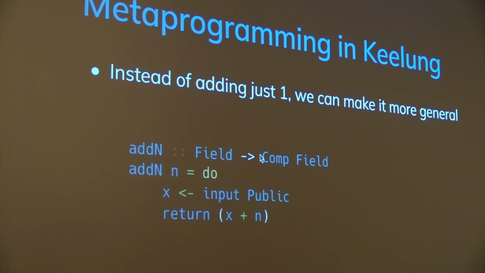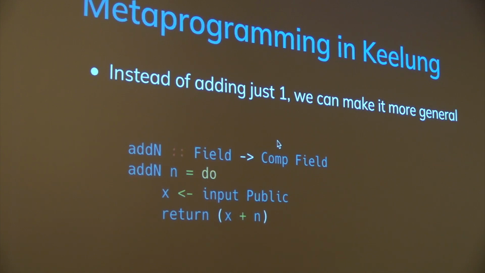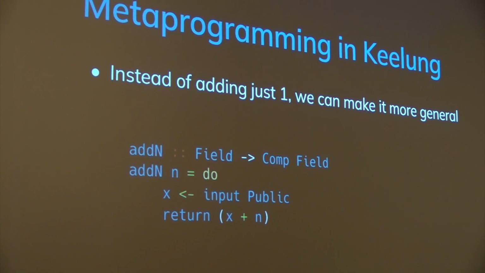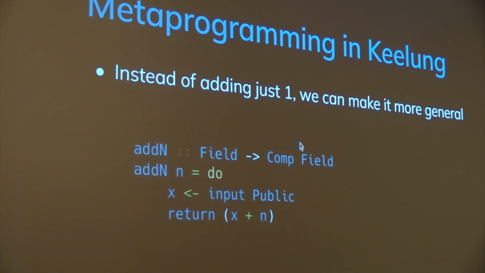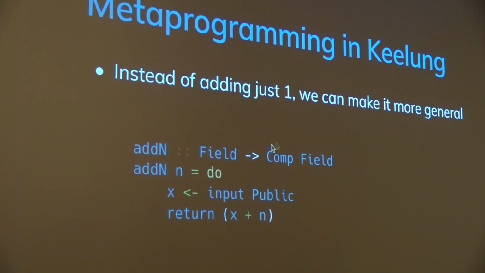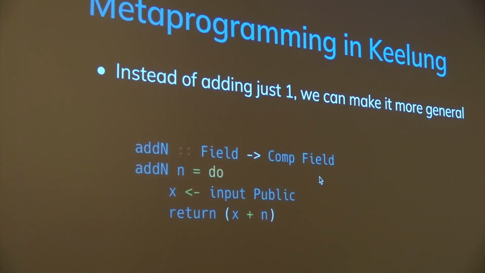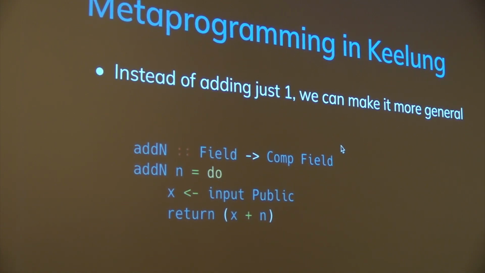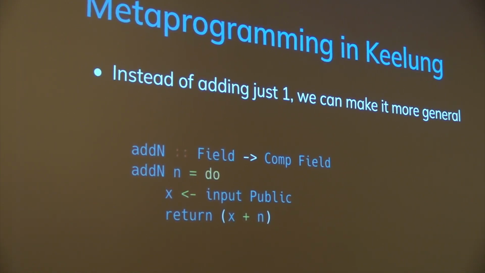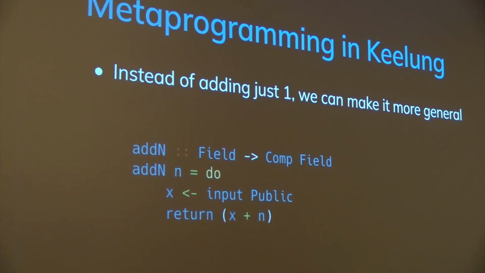This is actually a Haskell program, and in order to compile it, you will have to apply all of the arguments until you get a final stuff like this, comp field. So it actually allows us to achieve metaprogramming in Keelung by using features like functions in Haskell.